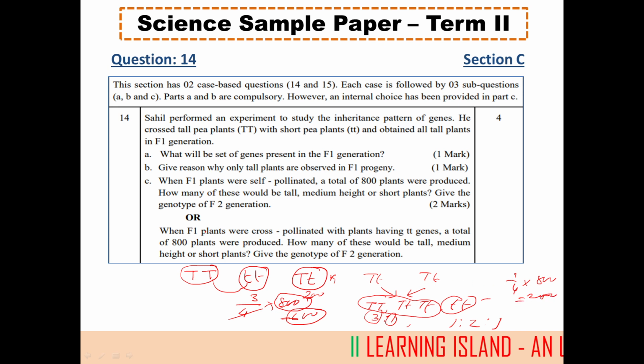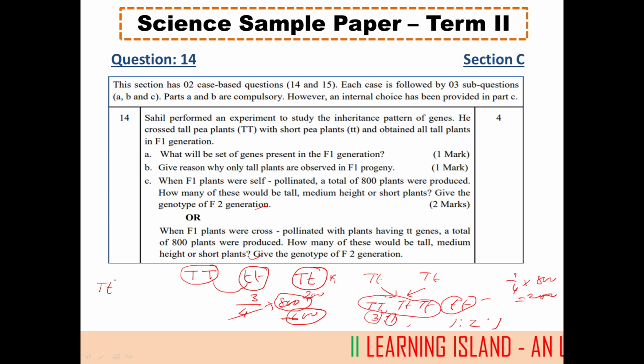Now, in the last portion, when F1 plants were cross pollinated, you have to answer the first portion or the second portion. So I am solving both portions. When F1 plants were cross pollinated with plants having TT, see here, in the F1 and F2 generations.